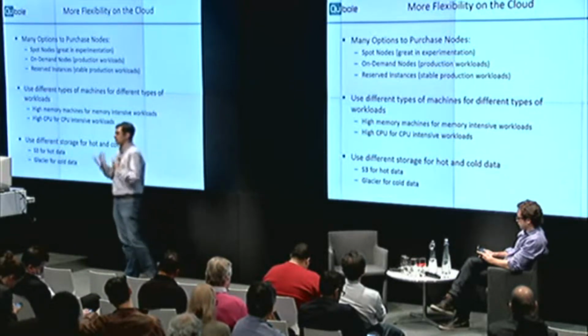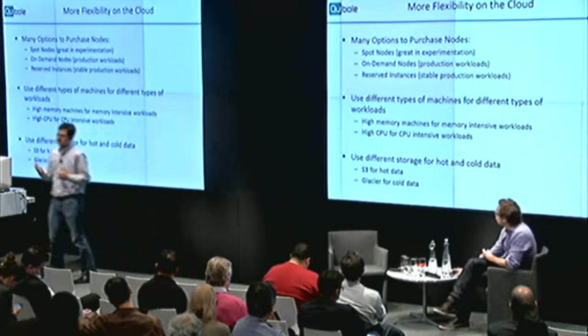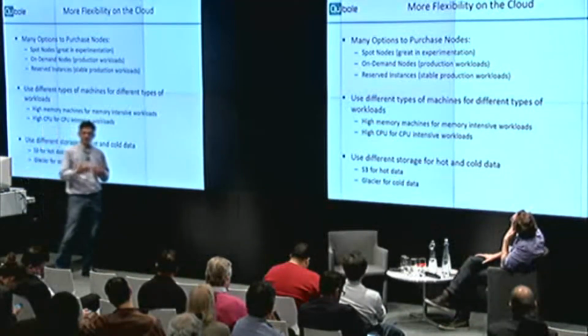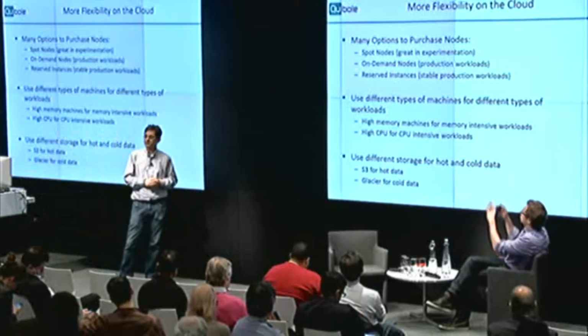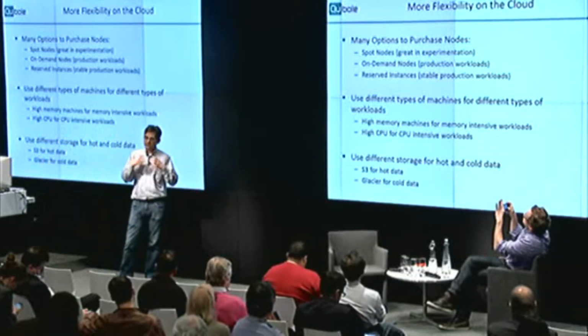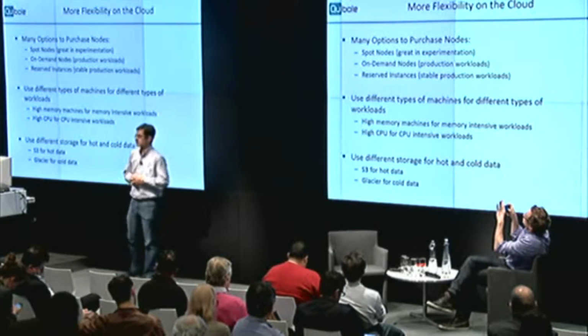Choosing different types of machines. You have a wide variety of machines. I think the Amazon cloud has 20 odd machines, maybe even more, with different configurations. Choosing different types of machines for different workloads.